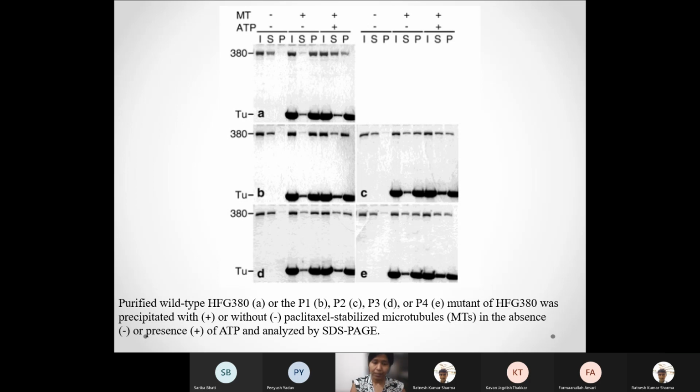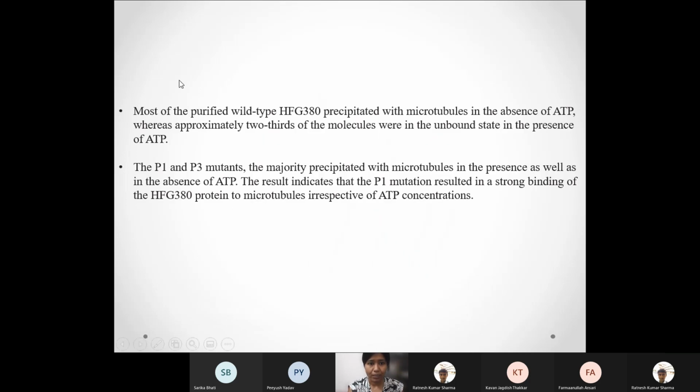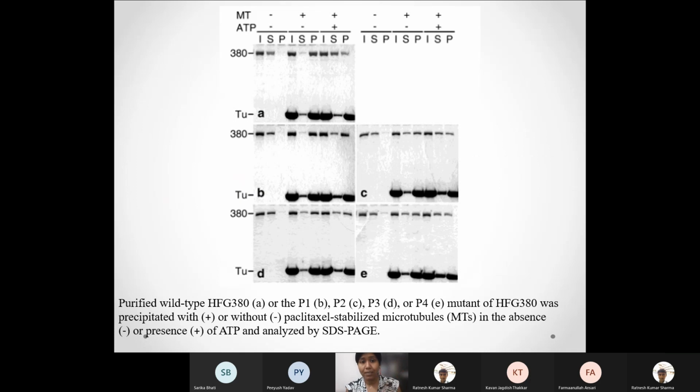That's the first thing. The second thing they observed was that for the P1 and somewhat for the P3 mutants, the majority precipitated with microtubules in the presence as well as absence of ATP. So whether or not there is ATP, if you mutate the P1 residue and somewhat the P3 residue, you see that the majority of the dynein is still attached to microtubule.